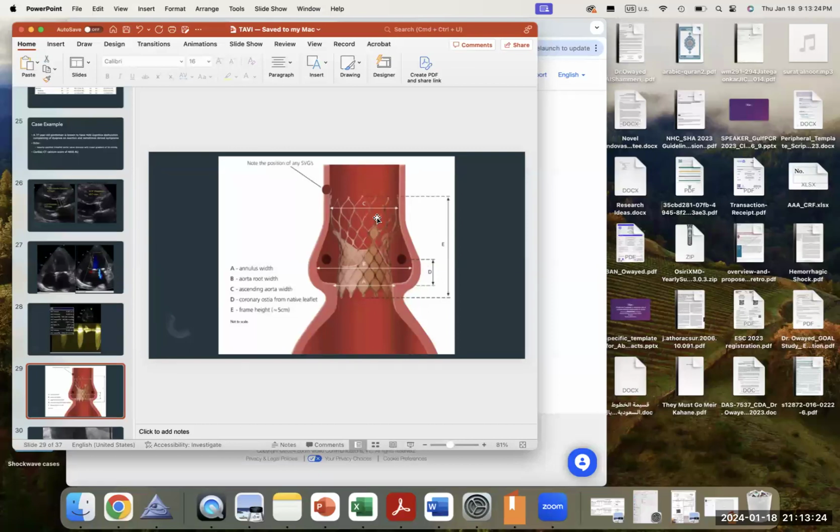Maybe the patient may have aortic occlusion, abdominal aortic occlusion. The patient may have severe stenosis in the iliacs. The iliac arteries have to be more than 6 millimeters.